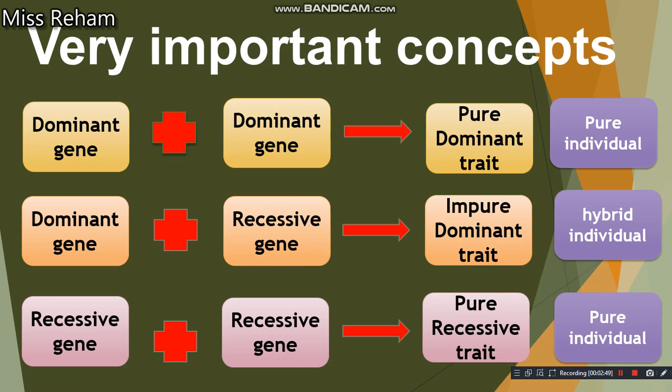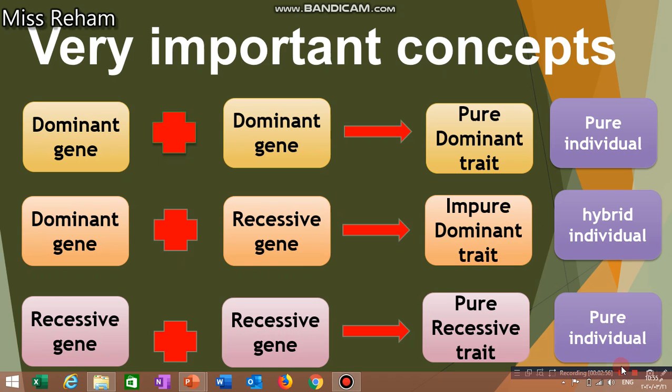So what is the trait that appears on the individual now? Yeah, impure dominant traits appear on the individual.